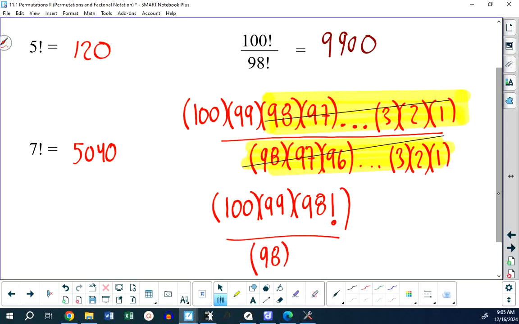And just to put a lid on this and move on, I don't need the brackets. It doesn't matter where you put the brackets. On the top, it's 98 factorial in brackets. On the bottom, it's 98 in brackets factorial. That doesn't matter. The point is, the smaller factorial will always be contained in a bigger factorial.